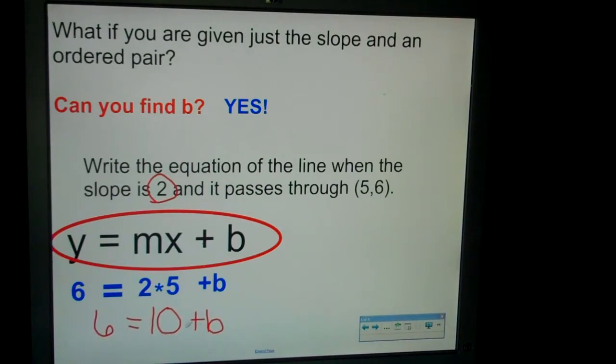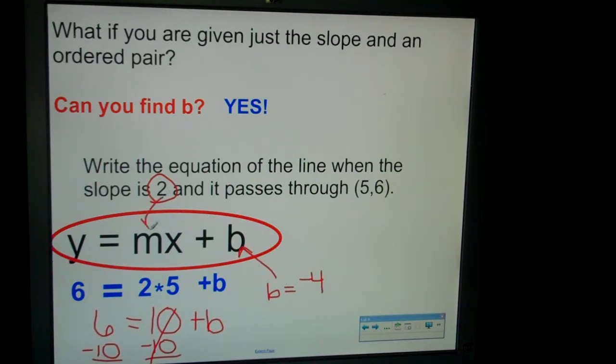Now, easy question, can I get b by itself? Yes. 10 has to go away. What's the inverse of positive 10? Minus 10. Good. Now I'm kind of running out of room here, but these cancel, and b is equal to, what's 6 minus 10? Good. Negative 4. So I have b is negative 4.